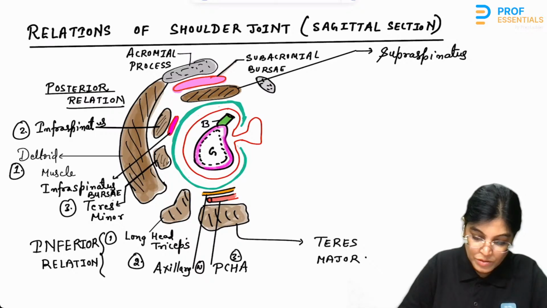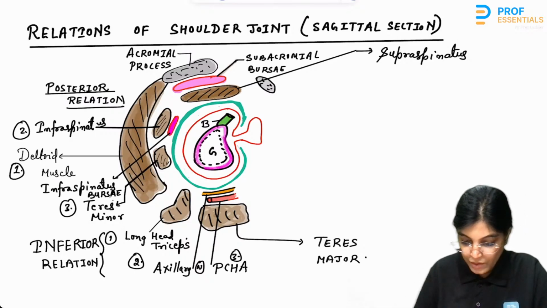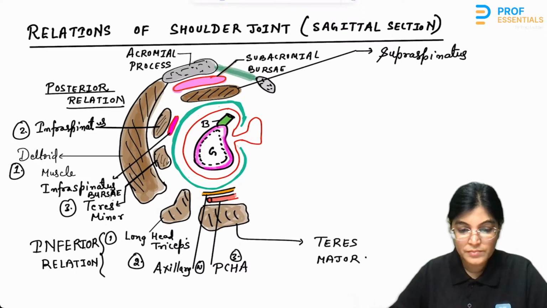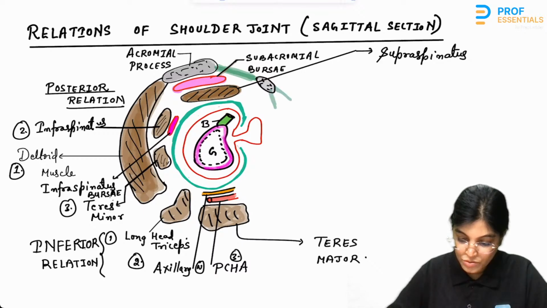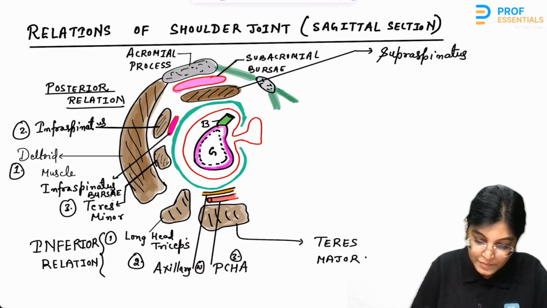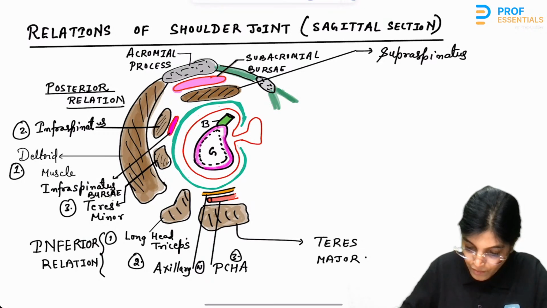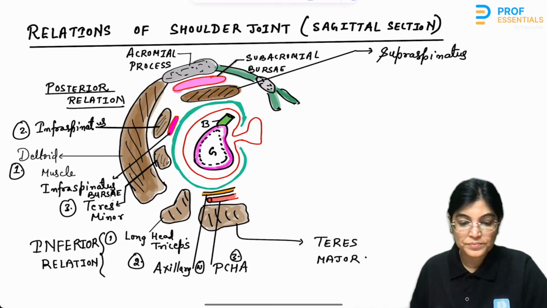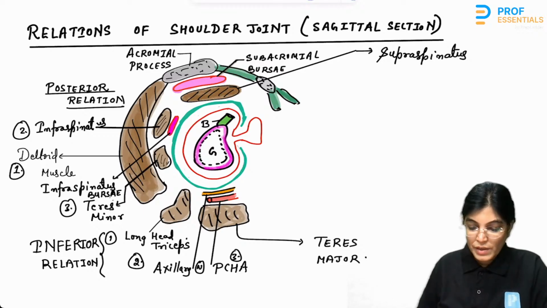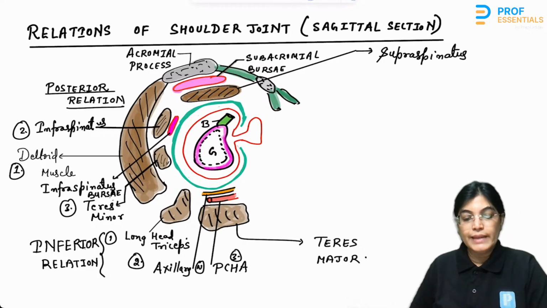The coracoid process is connected via the coracoacromial ligament, and it is also attached to the tendons of these two muscles. And overlapped by the fibers of the deltoid muscle.